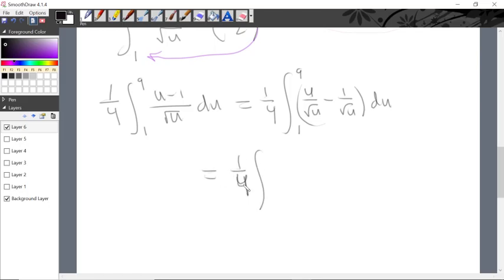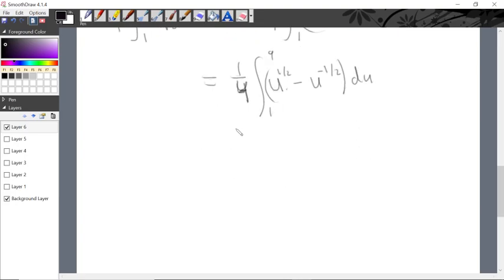We have 1/4 times the integral from 1 to 9. u over root u is just the square root of u. And 1 over square root of u, well, that's going to give us u to the negative 1/2. So I'm going to write this as u to the negative 1/2, and I'm going to rewrite our square root of u as the power function u to the 1/2. And du, which must be included as well.